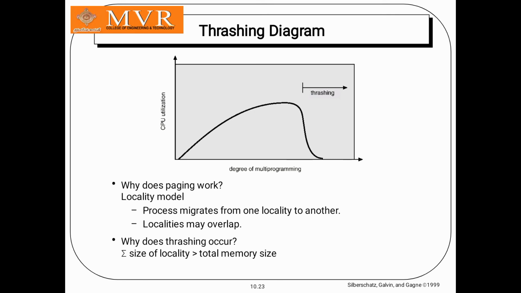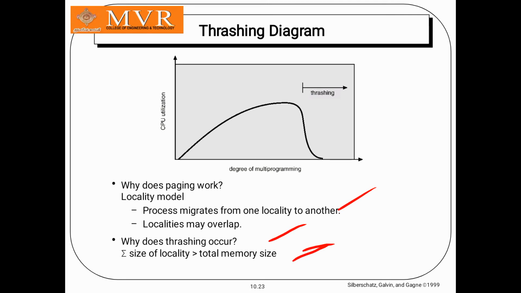In the locality model, the process migrates from one locality to another, and localities may overlap. Why does thrashing occur? Thrashing occurs when the size of locality is greater than the total memory size.